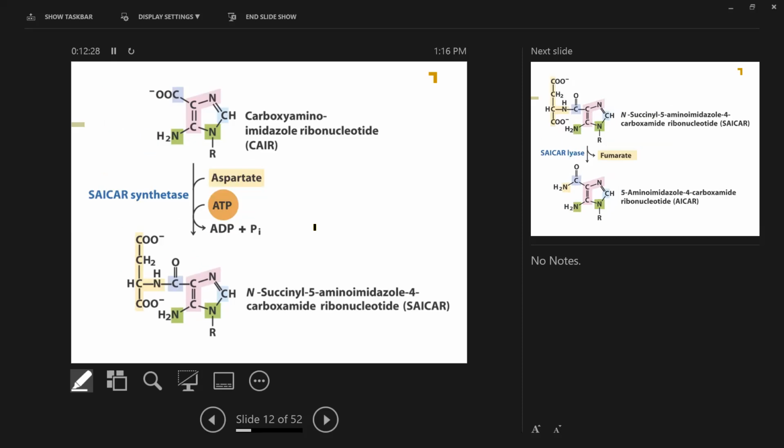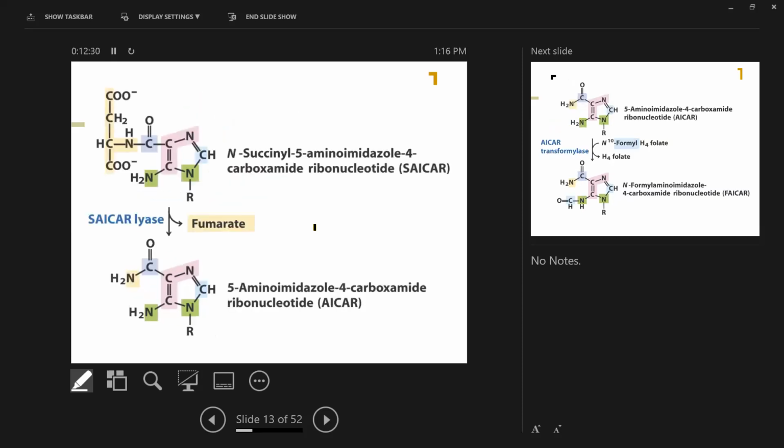So SAICAR synthetase, SAICAR lyase, this looks a lot like argininosuccinate lyase or argininosuccinase, as it's sometimes called. You liberate fumarate and you make the AICAR, 5-amino imidazole 4-carboxamide ribonucleotide.